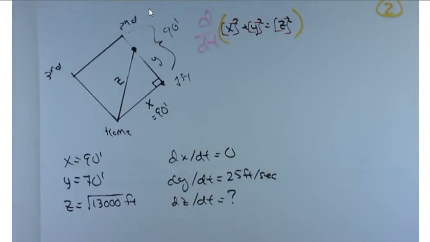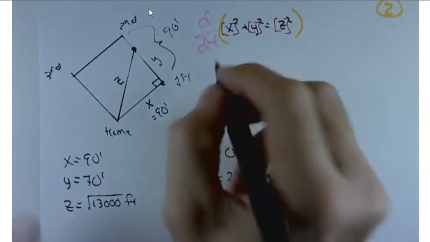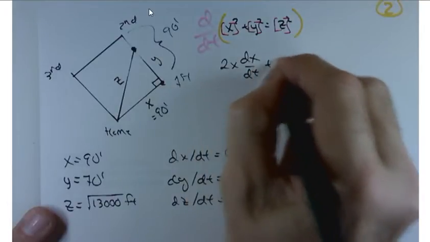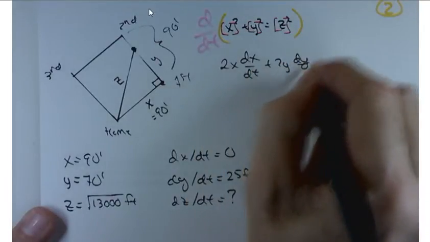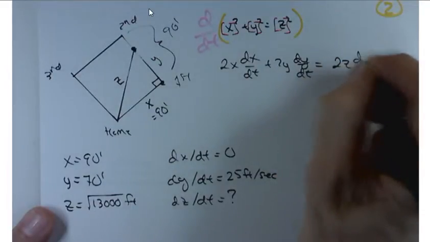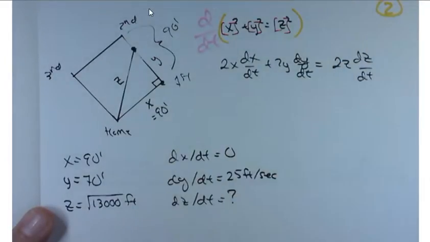Derivative of the outside times the derivative of the inside. So 2x dx by dt plus 2y dy by dt equals 2z dz by dt. As before, you can divide out the 2 if you want to take the time to do that. That's fine. Not a bad idea.